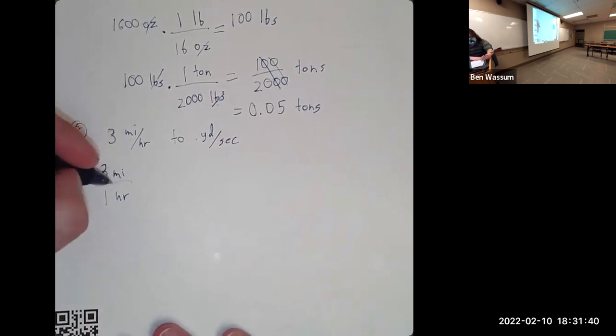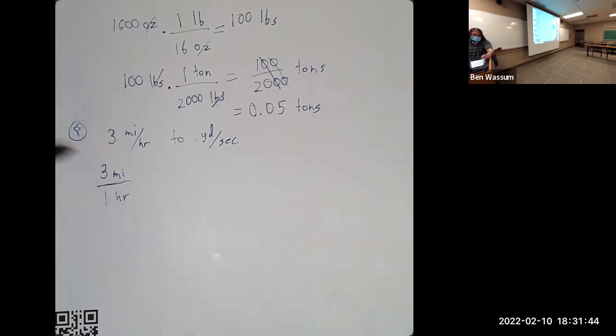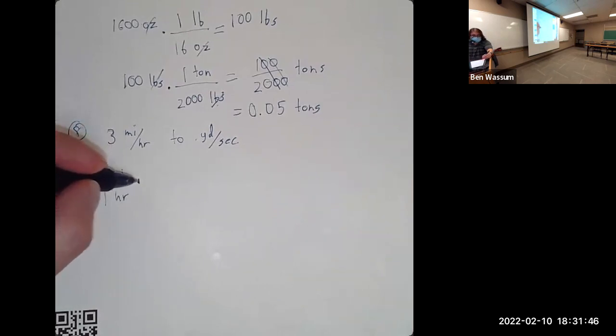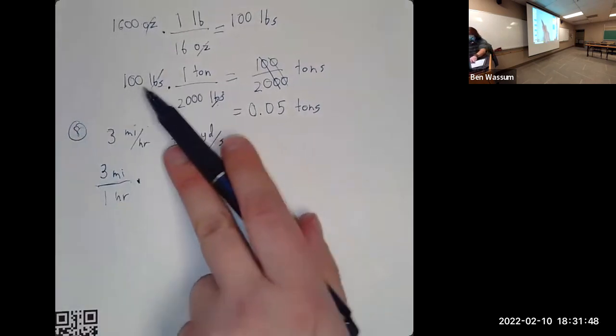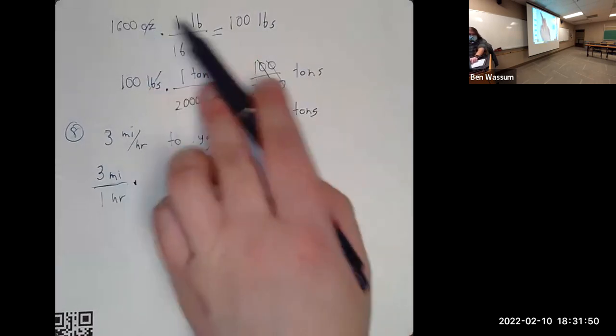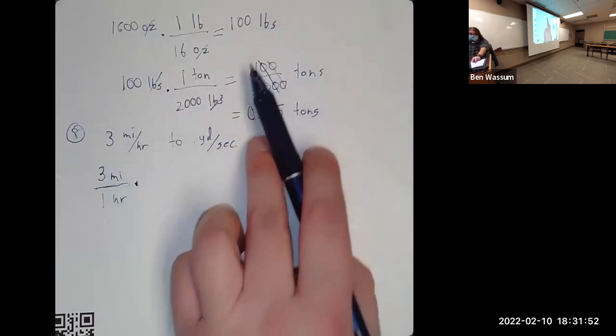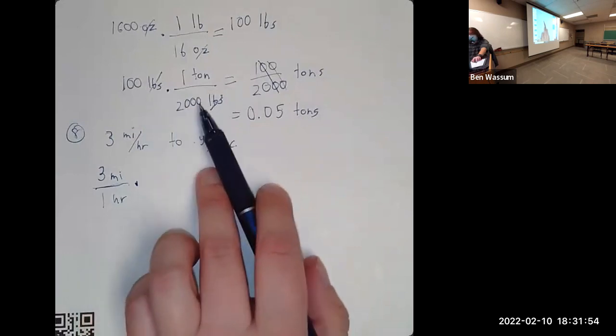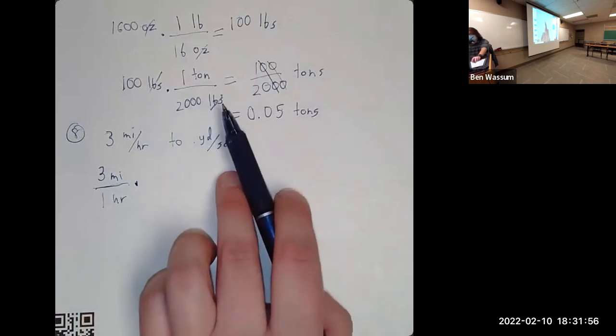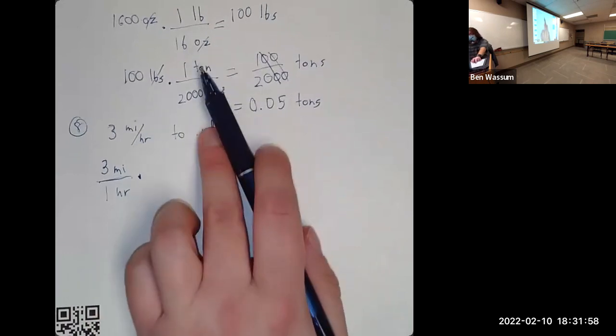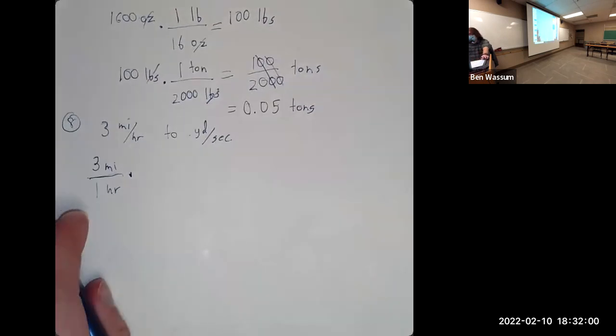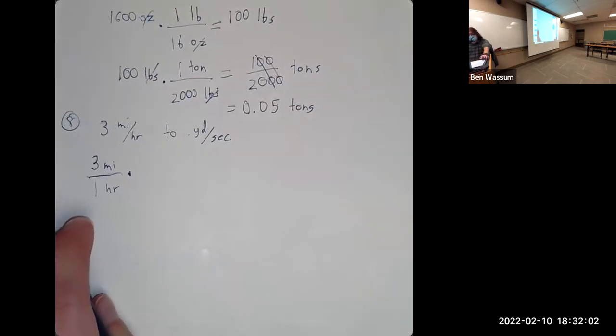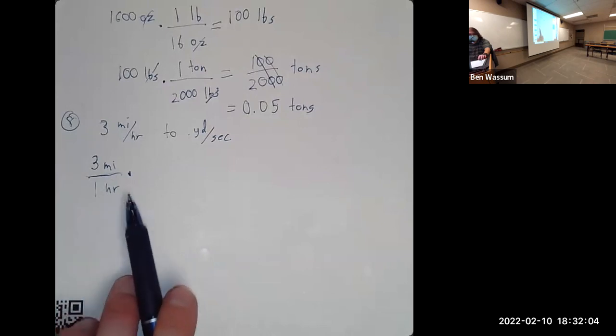The best way to do it is that instead of doing it one step at a time, where we multiply it out and get a thing, and then we take that thing and multiply it through, the best way to do these is if we have all of our conversion units in a row. So let's say, for instance, hours.